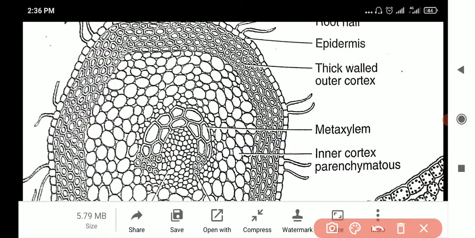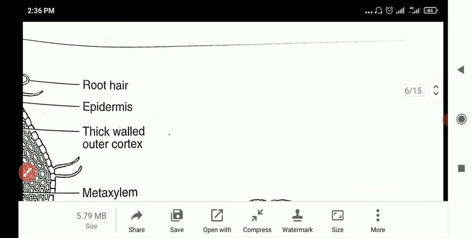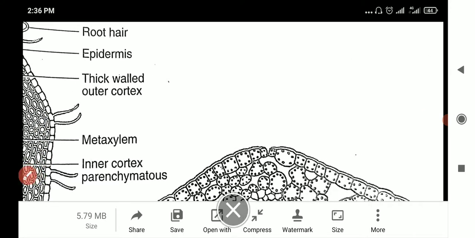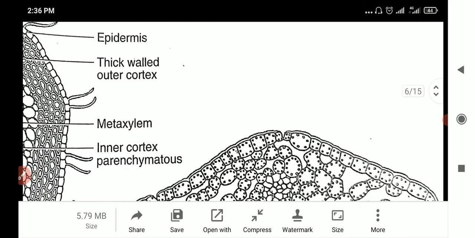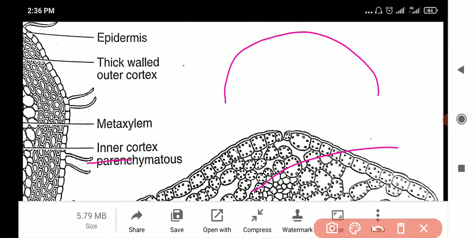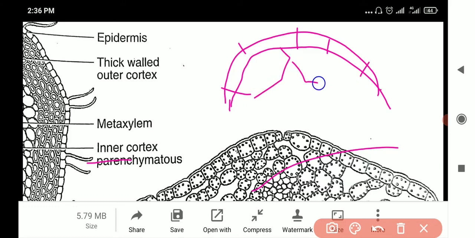How do I show? Is there empty space somewhere? Okay, here, dot. Let me just start. Suppose I drew like this. We found the epidermis. I wish I could draw on the board. Then you draw the thick layered cortex.